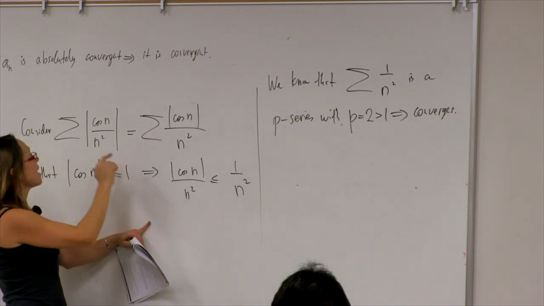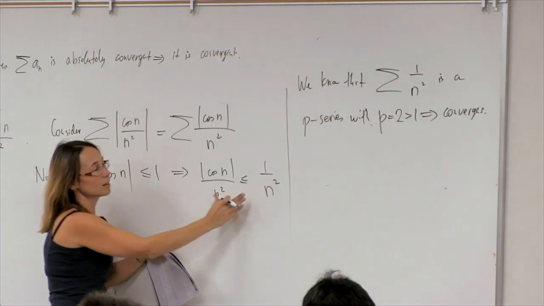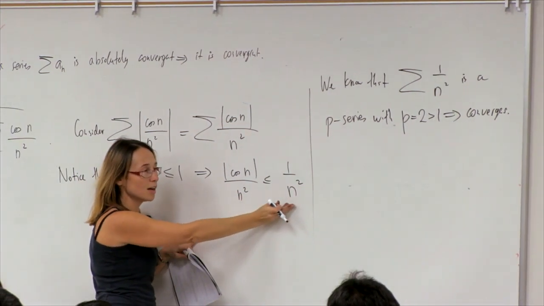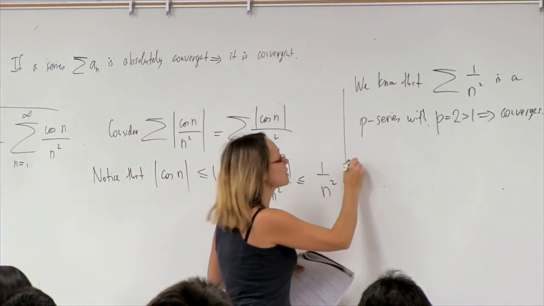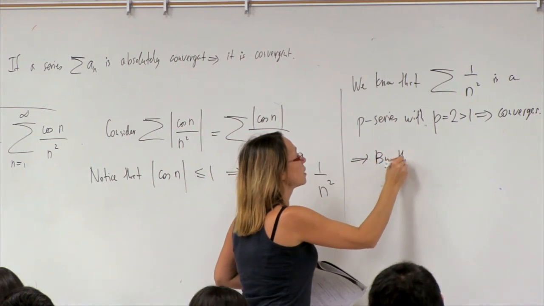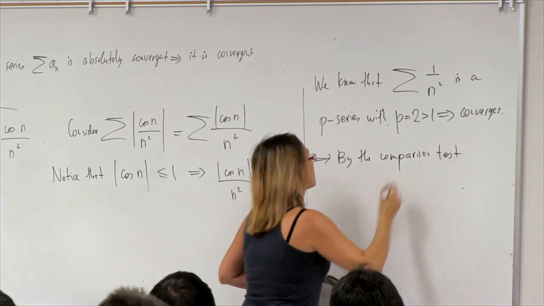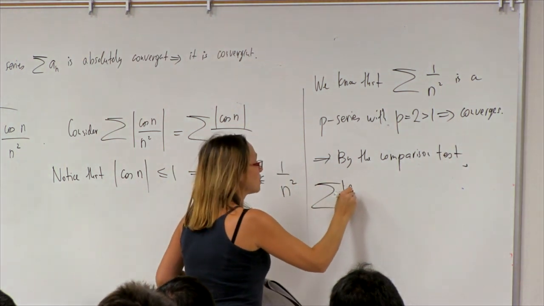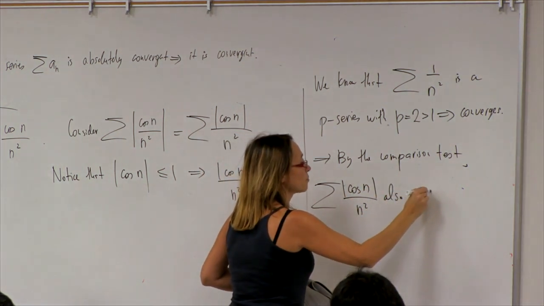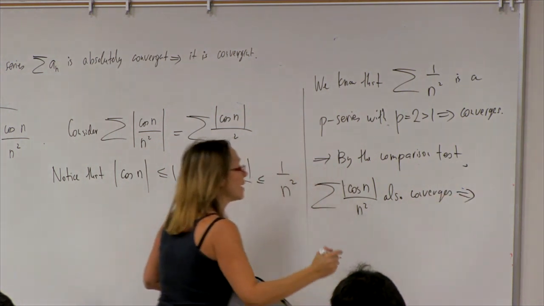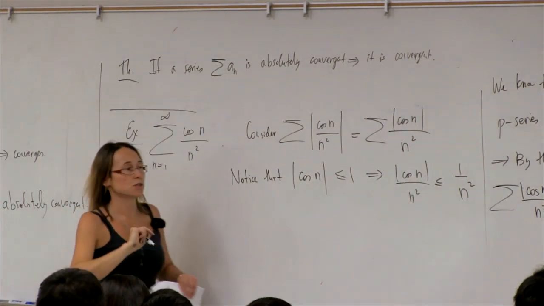Therefore, we can say that this series with the absolute values is confined between 0 and the convergent series, so it also has to converge by the comparison test. By the comparison test, this also converges, and therefore the original series absolutely converges.